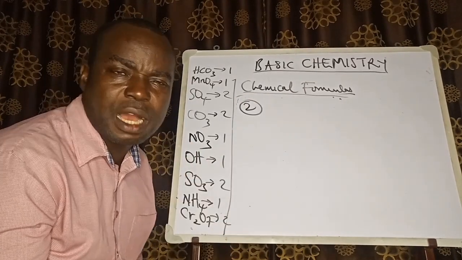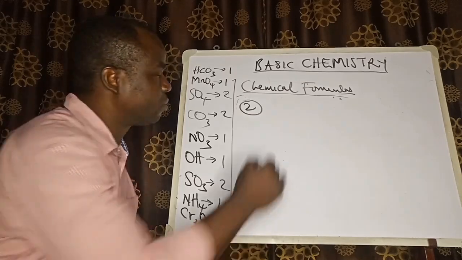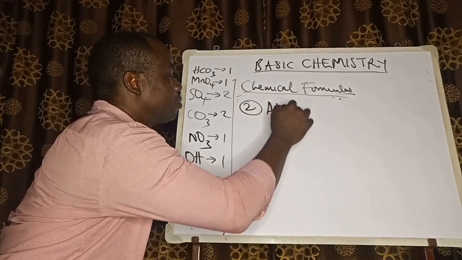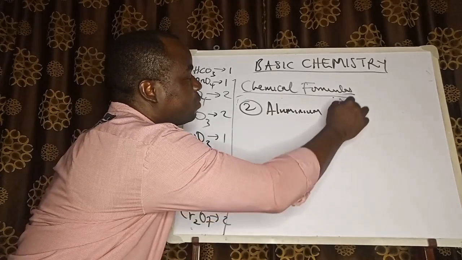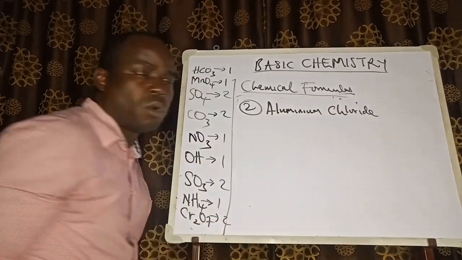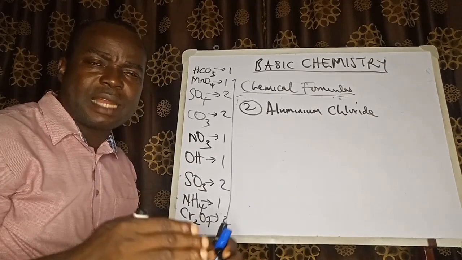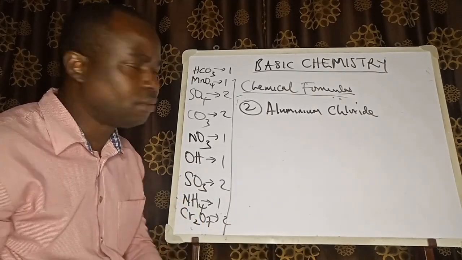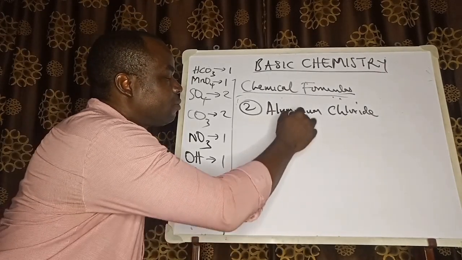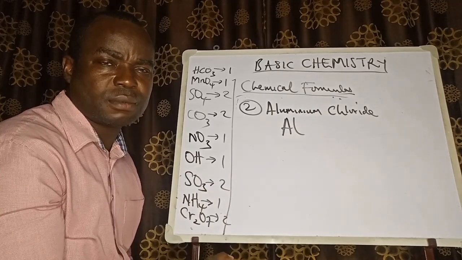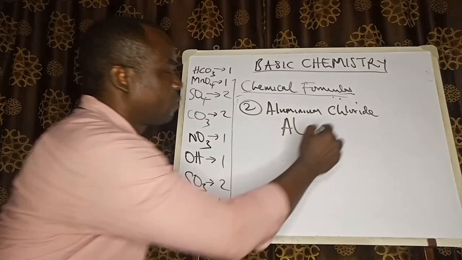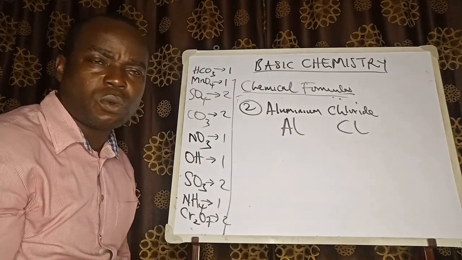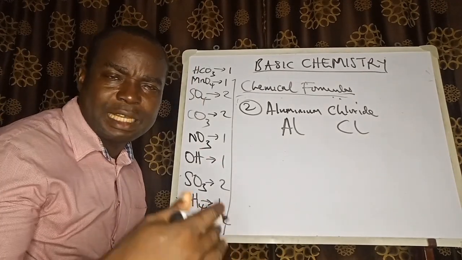Let us pick aluminium chloride. What is aluminium chloride? We apply the same steps we used in the other one. Aluminium is Al. Chloride is from chlorine, I told you before. Now, aluminium is number 13.